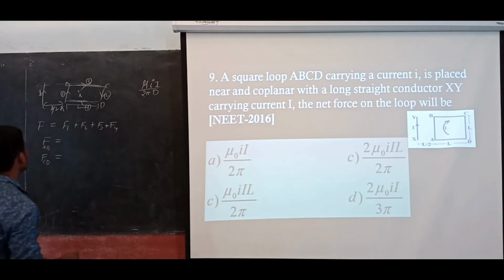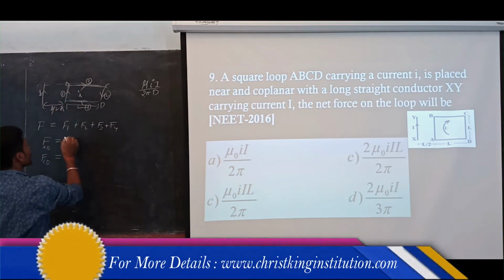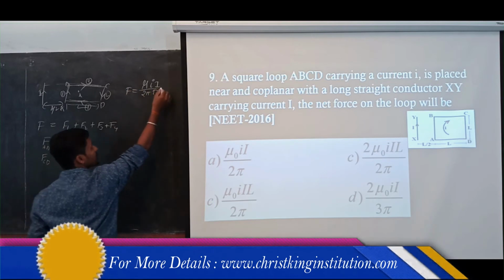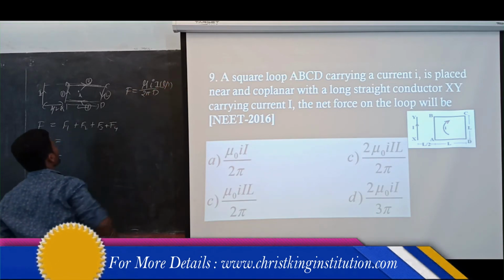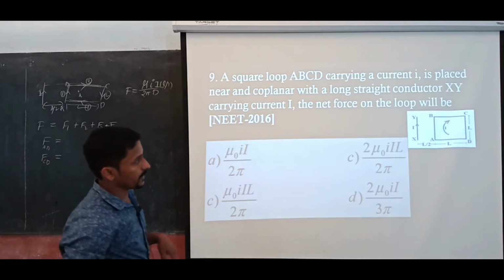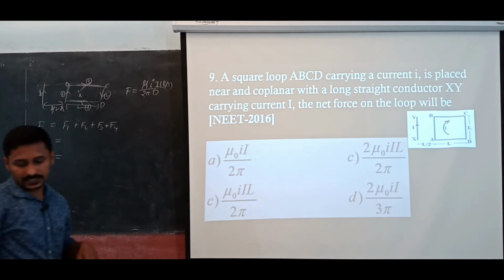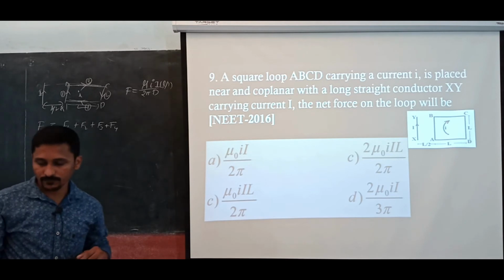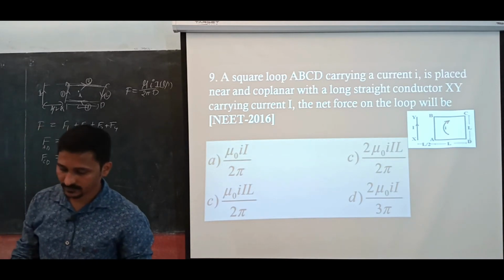Now force on AB is how much? Per unit length is this equation. For the total force, you have to multiply by the length, and that length will be L. Can you do that?